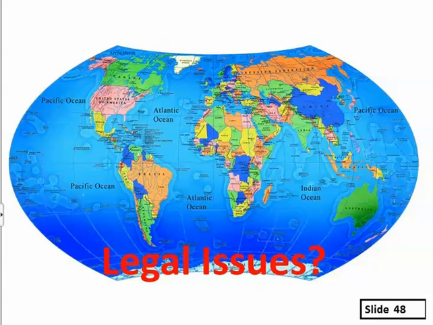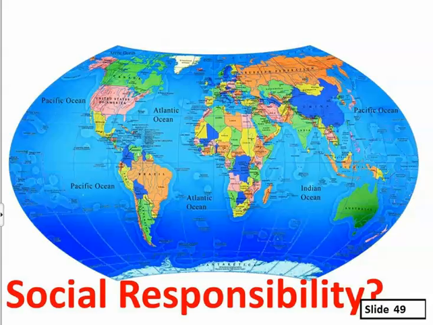And then legal issues, as we hinted at in the labor area, but different countries have different requirements in a number of areas relating to the legal environment in which a business functions. Okay? And then finally, what is our social responsibility when we're functioning on a global basis?